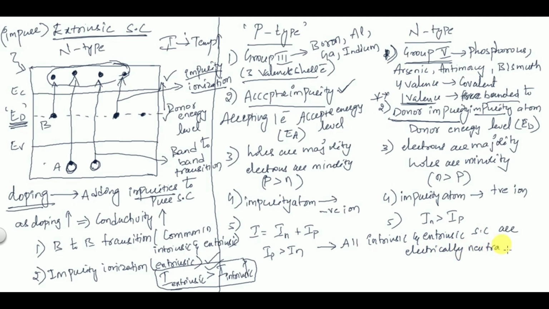There is no charge present in intrinsic and extrinsic semiconductors. Next, a very important point: at 0 degrees Kelvin, all intrinsic and extrinsic semiconductors act as insulators.